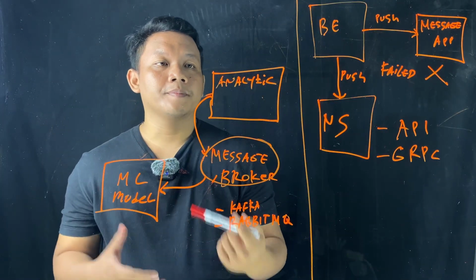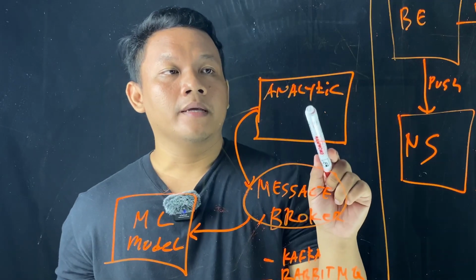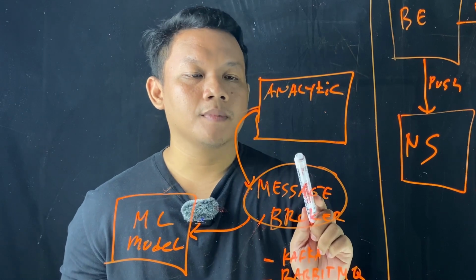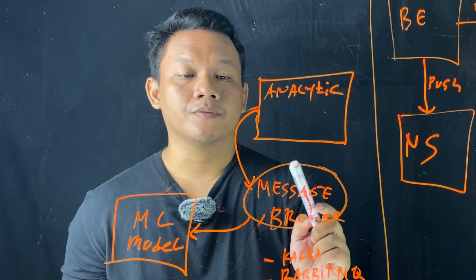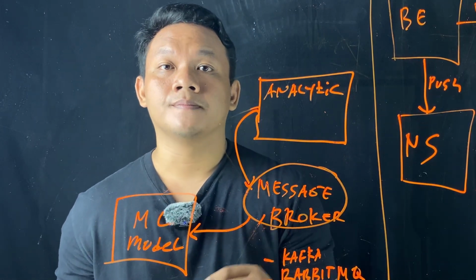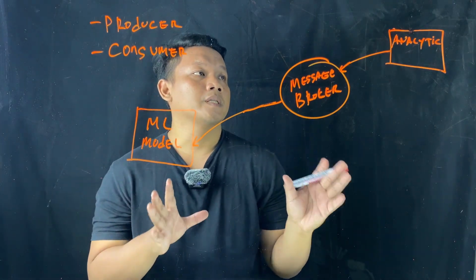This is the updated diagram when we start using a message broker. The analytics service will send the data to the message broker first, and the message broker will send the data to the related service that needs this data, in this specific case the machine learning model. Okay, let's really understand how everything works together.